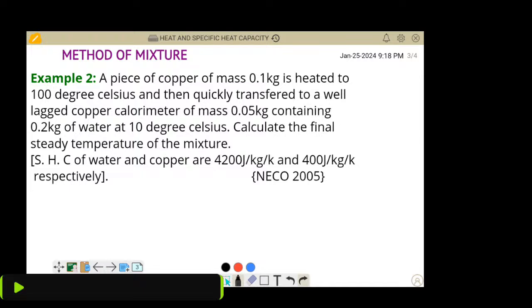As the heat is moving from the piece of copper to the water, remember the calorimeter, which is the container for the water, will also receive a part of this heat. So we can simply say heat lost by this copper metal is equal to heat gain by the water and calorimeter. Now, how do we present this mathematically?